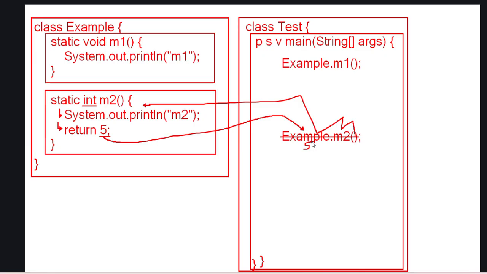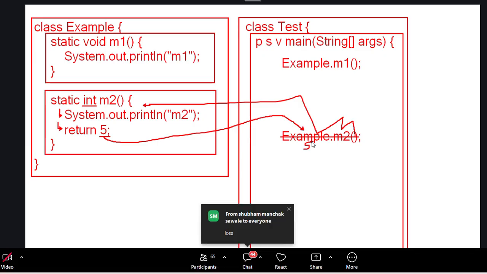Okay. Now my question, the returned value 5, is it stored? Is it printed? Or is it lost? What happened? Is it stored? Where? In your pocket? To store, I need some container, right? To store a value, I need a variable. Did I use any variable there?